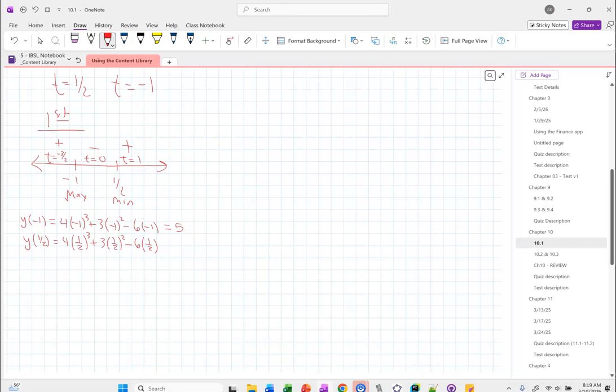All right, let's see here. I'm going to have to write a little bit of work. 1/2 plus 3/4 minus 3. So that's going to be negative 1.75. Everybody's okay there?